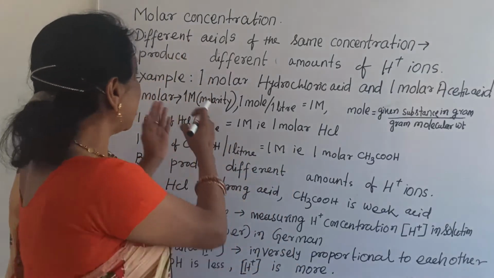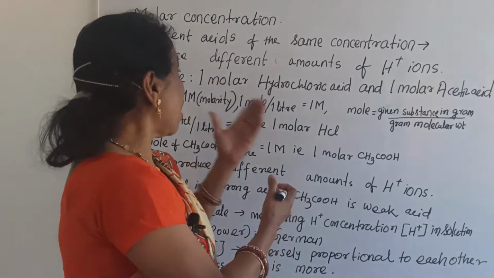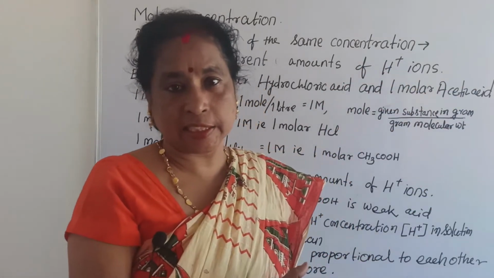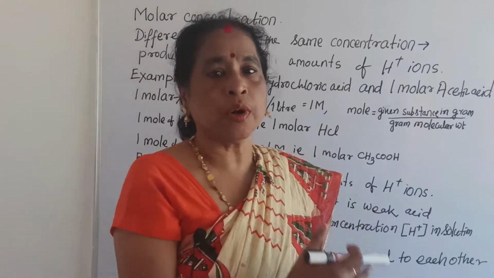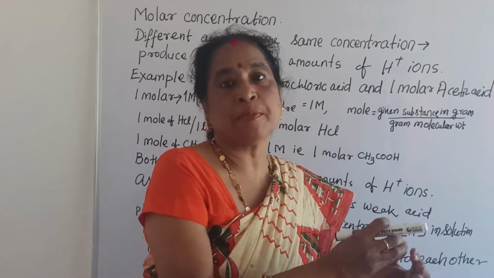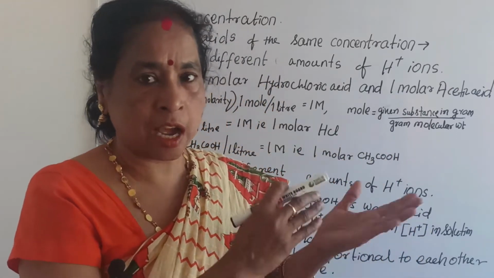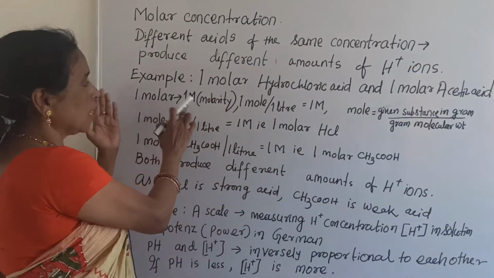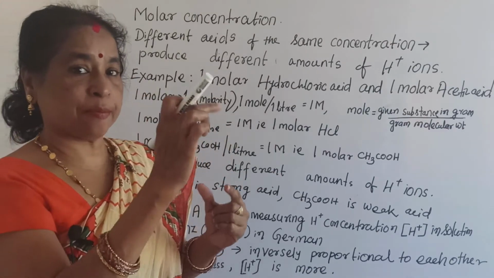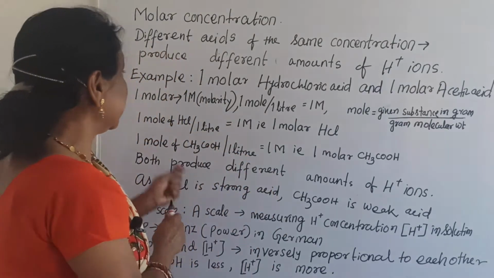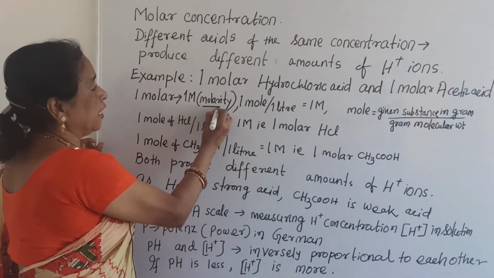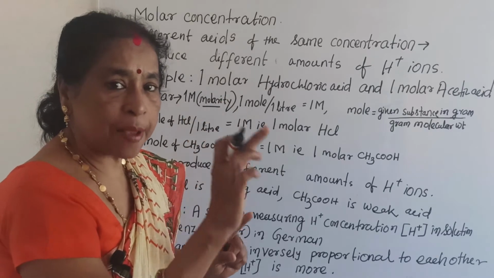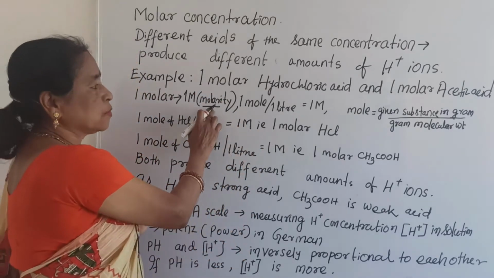Now here the word comes, molar solution. Here, for example, you take 1 molar hydrochloric acid and 1 molar acetic acid. Then what is meant by 1 molar? This is one type of measurement of concentration of acid. 1 molar is written as 1 M, capital M, and it is known as molarity.